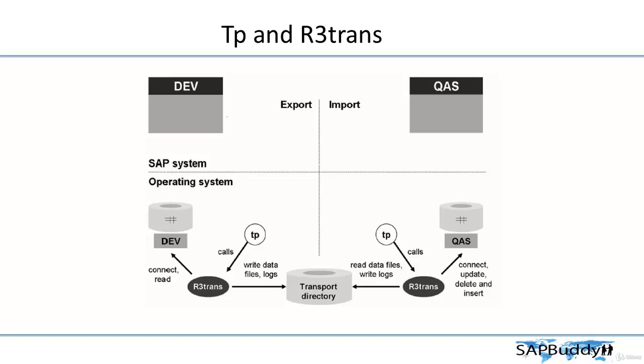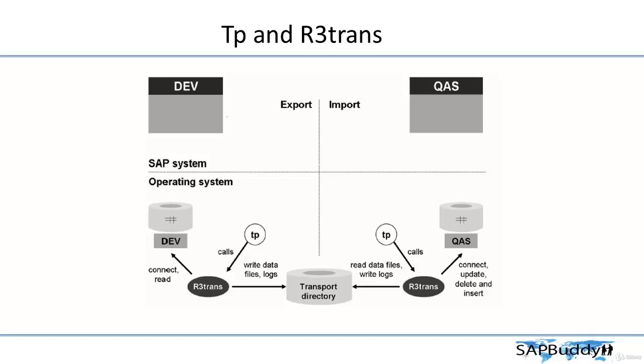Once in the QA system it starts the import, it will again call TP, and it will get the TR files. It will call R3trans, get the TR from the transport directory, and start the import. When you are creating the TRs, R3trans creates the log files and data files in the directory.